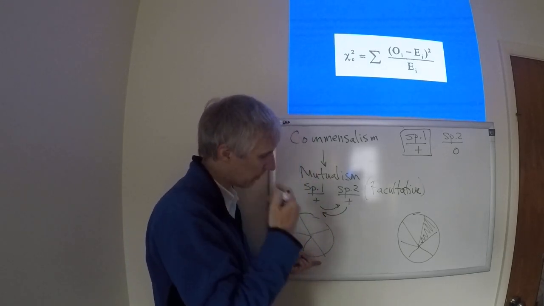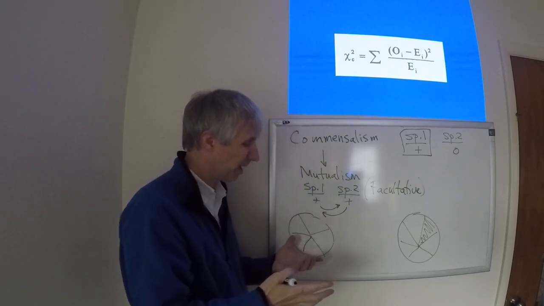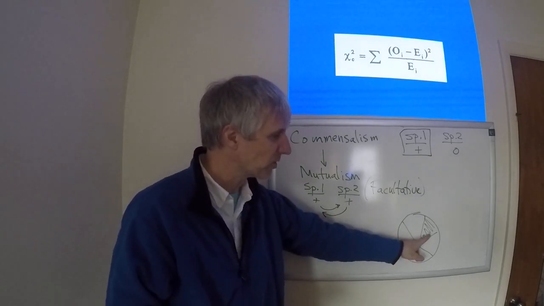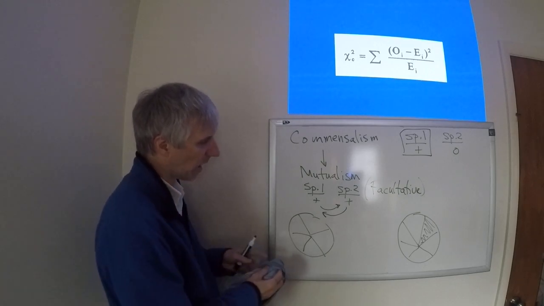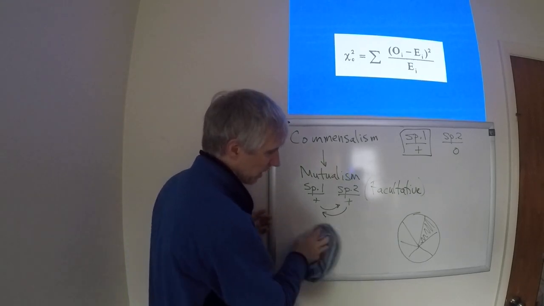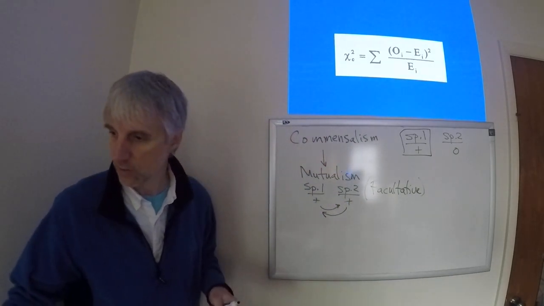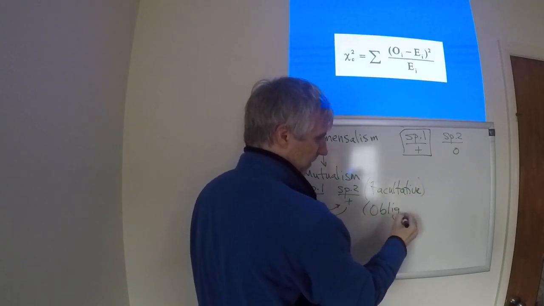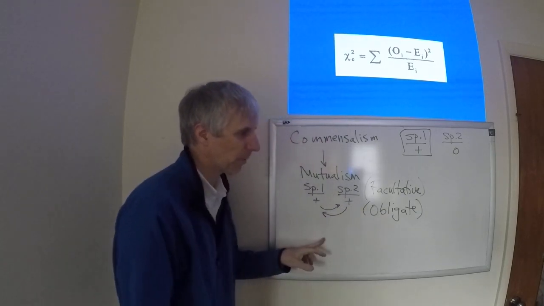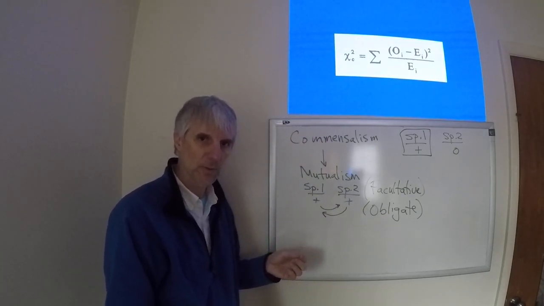If you are separated from species 2, well, now you can't do this function anymore. You're going to die. So this type of interaction is still a mutualism, but it's now of the form of what we call an obligate mutualism.